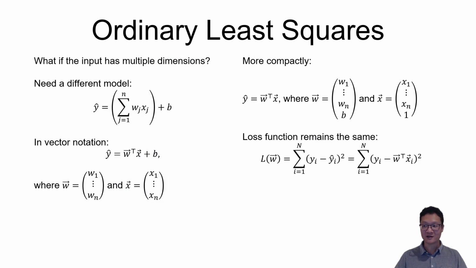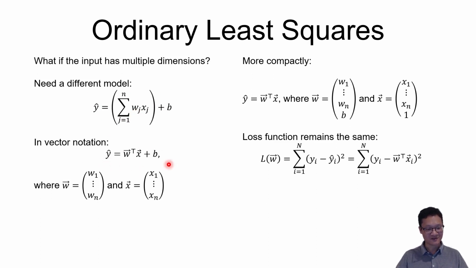So that's what we have here on this slide. The most straightforward way to extend our model to take multiple components as input is to take a linear combination of x using all the weight components wj.